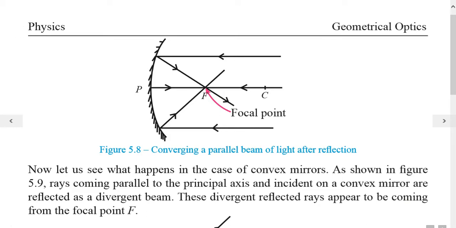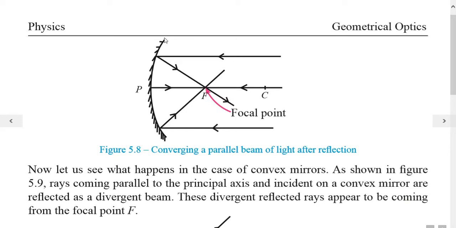Especially when we are drawing this diagram, we need to know about convergent and divergent beams. You learned this earlier, especially the convergent parallel beam. Remember, convergent means many light rays meet at one point.